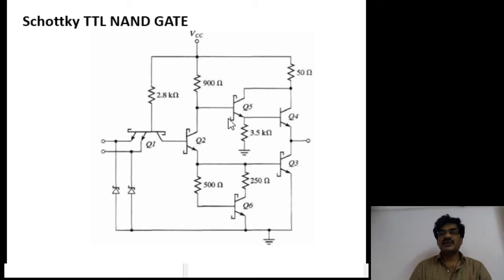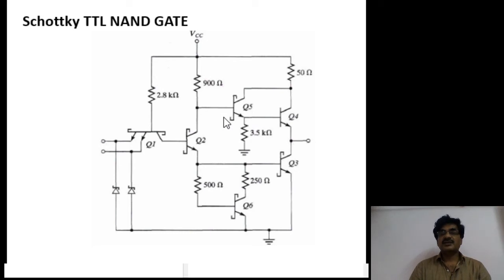The purpose of the Q5 transistor is to avoid the usage of the diode between Q4 and Q3. If you observe the totem pole connection, between these two we have one diode. That diode is replaced by the Q5 transistor.